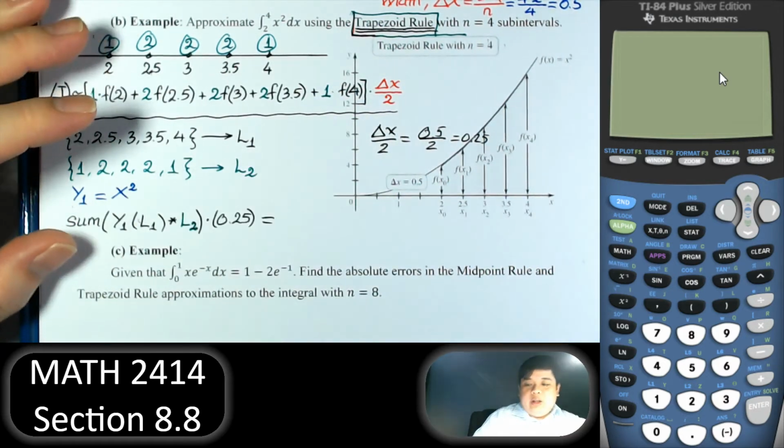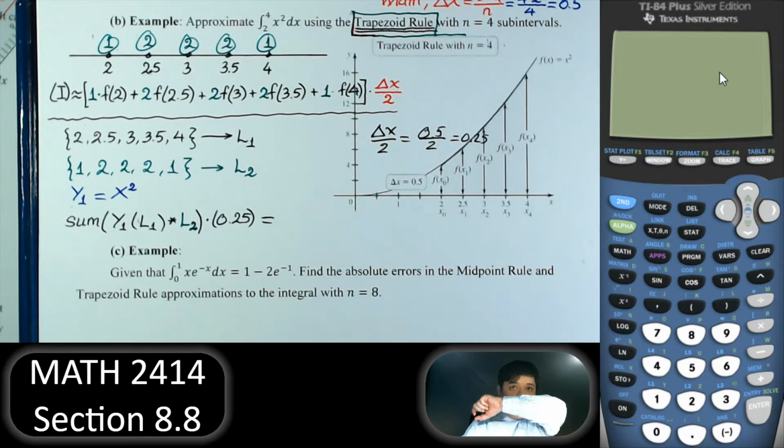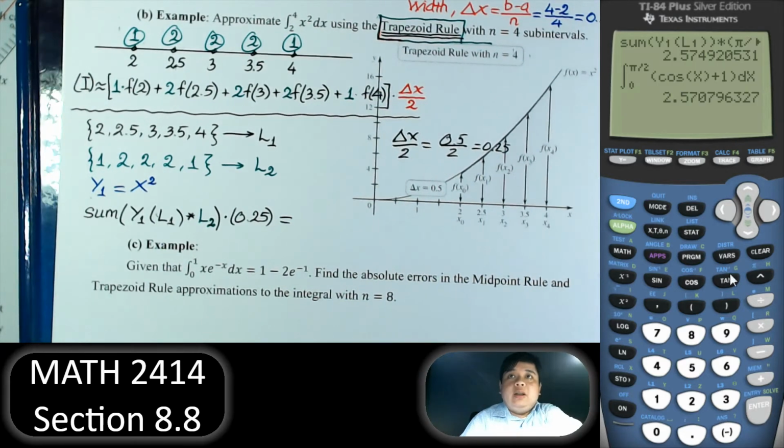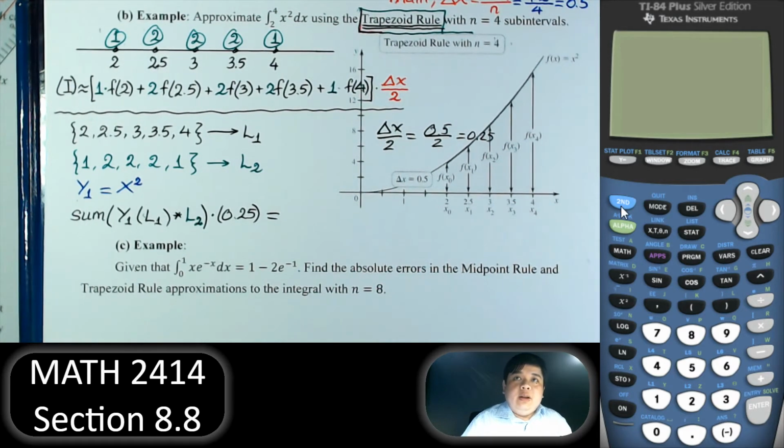So we're just going to do this. Open curly bracket 2, 2.5, 3, 3.5, and 4. Close curly bracket.